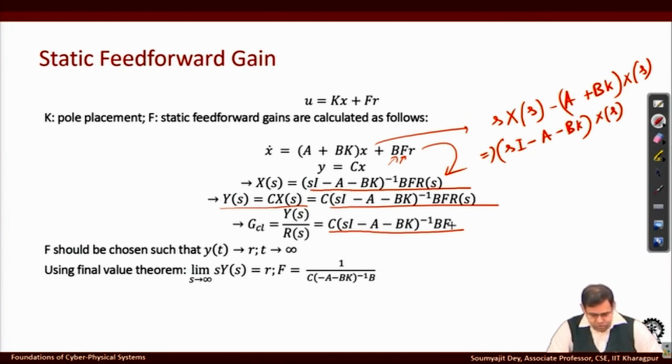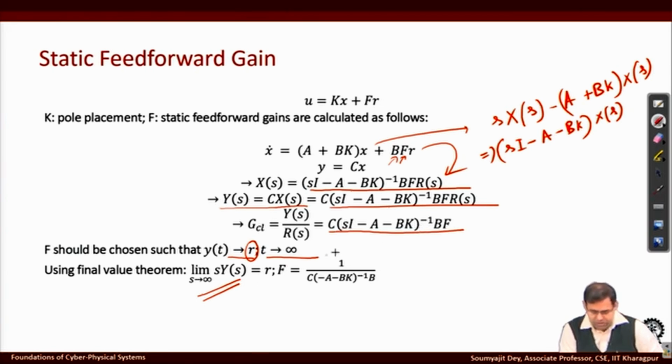Now the question is, how do I choose F? You must choose F in such a way that y, which is a function of time, must approach some constant R, the reference, with t tending to infinity. So you can apply the final value theorem here, which would tell you that this limit is nothing but R. You already see this is your expression of Y(s).